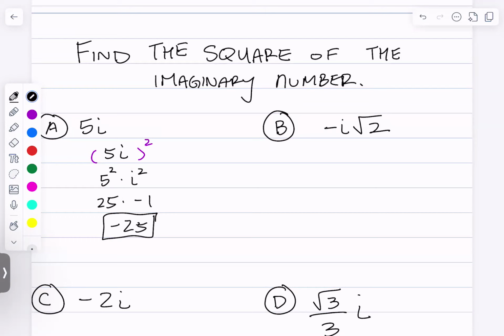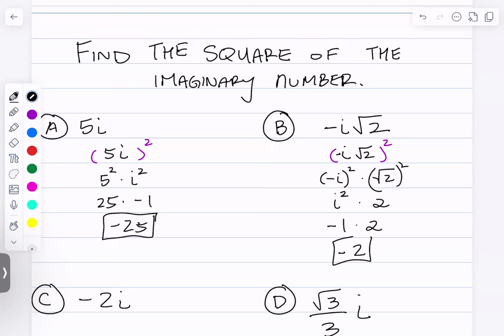Getting the value of negative i square root of 2, squared. This would be -i squared times square root of 2 squared. This is -i squared times 2. i squared is -1 times 2. So that's -2.